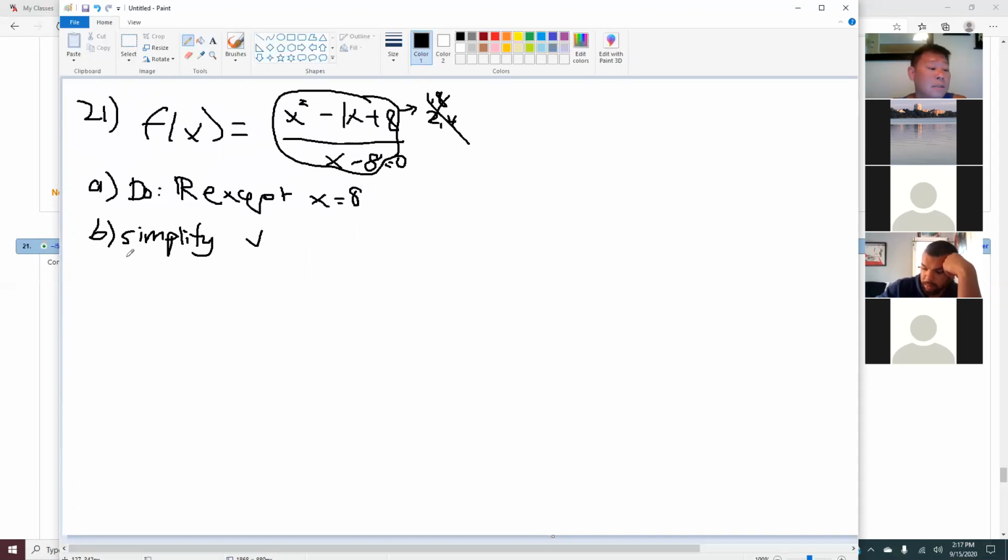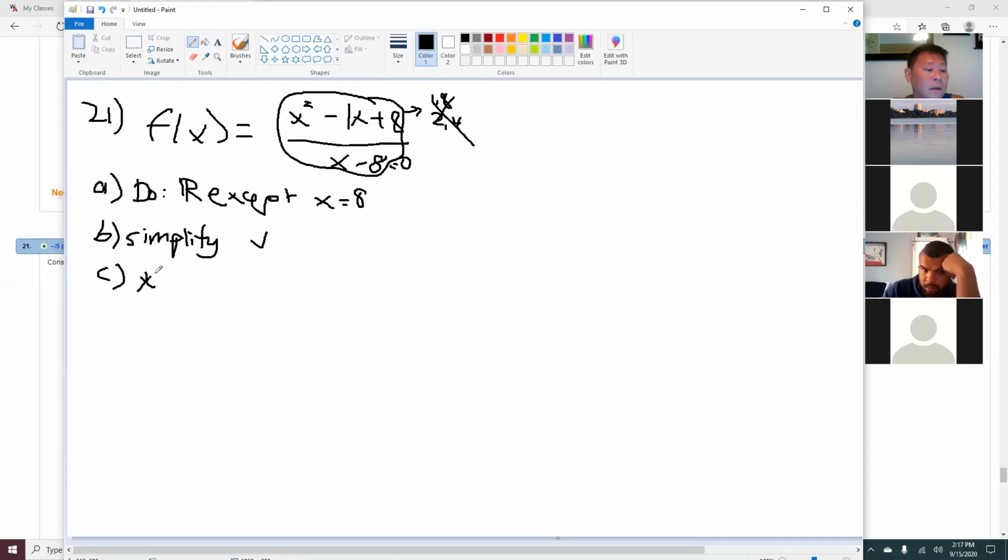Okay. C, you have to find your intercepts. Let's find your x-intercept first. To find your x-intercept, you set your numerator equal to 0. So this is x squared minus x plus 8 equals 0.